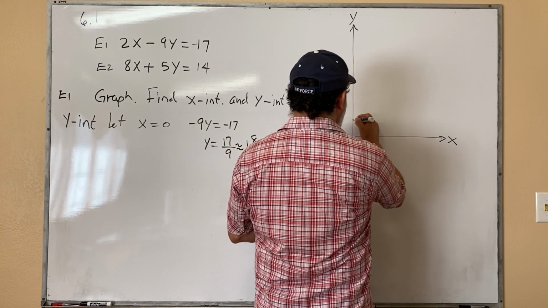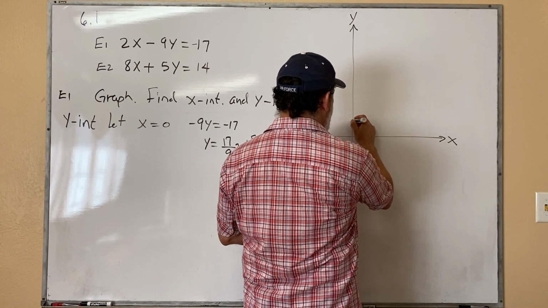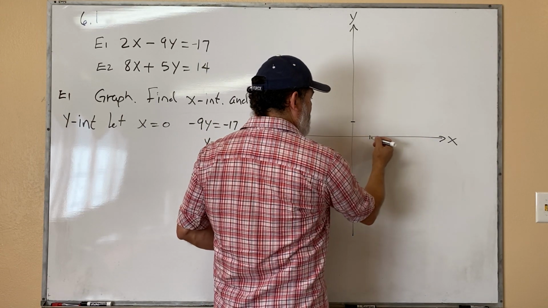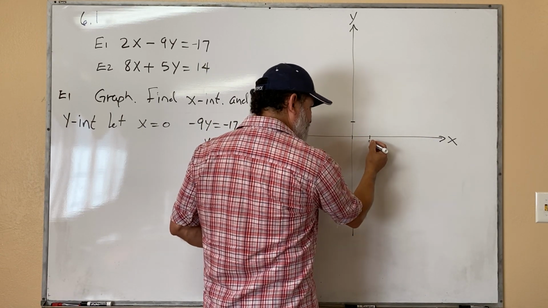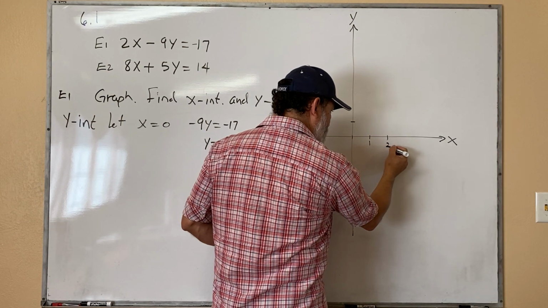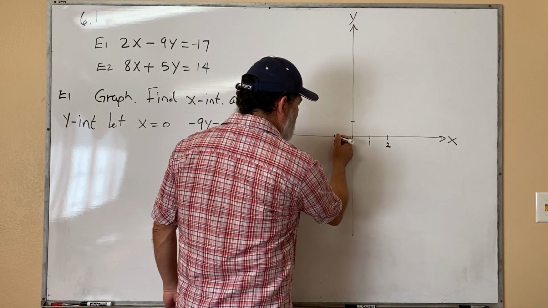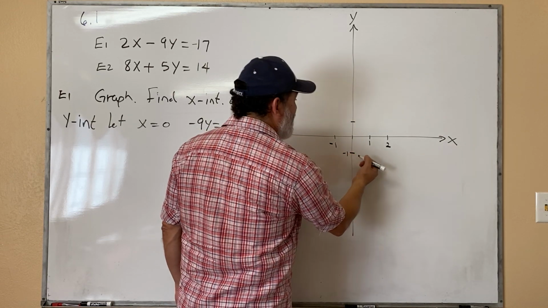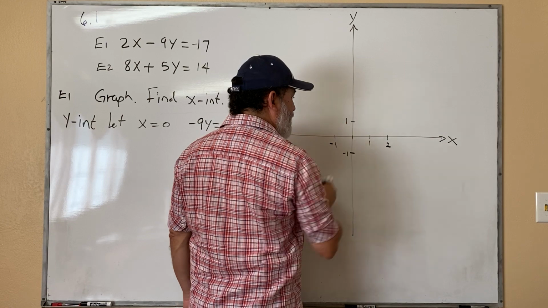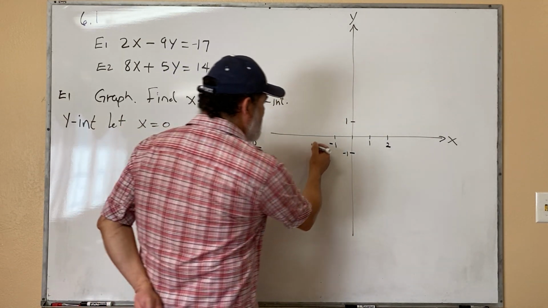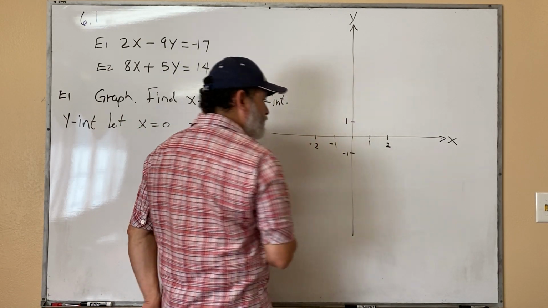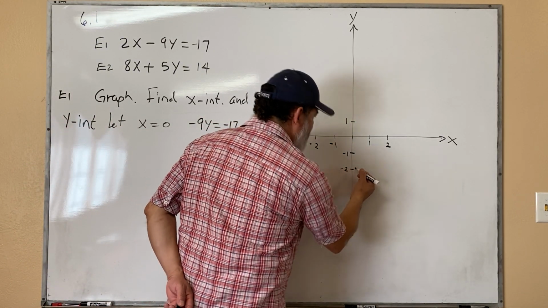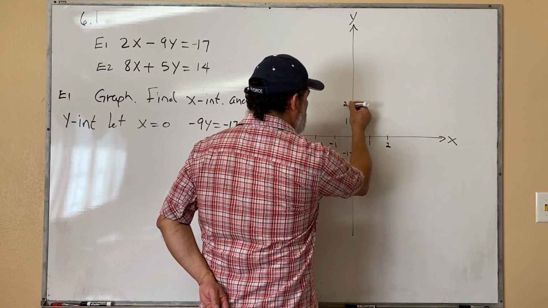Here's x equals 0, here's x equals 1, x equals 2, and this is x equals negative 1, x equals negative 2. This is y equals negative 1, y equals 0, y equals 1, y equals negative 2, and y equals 2.